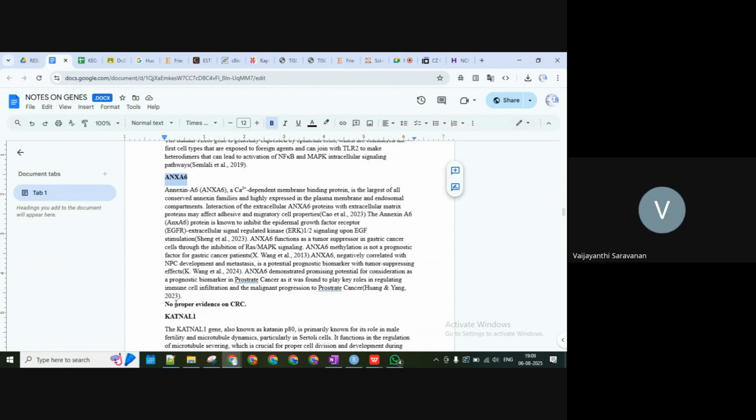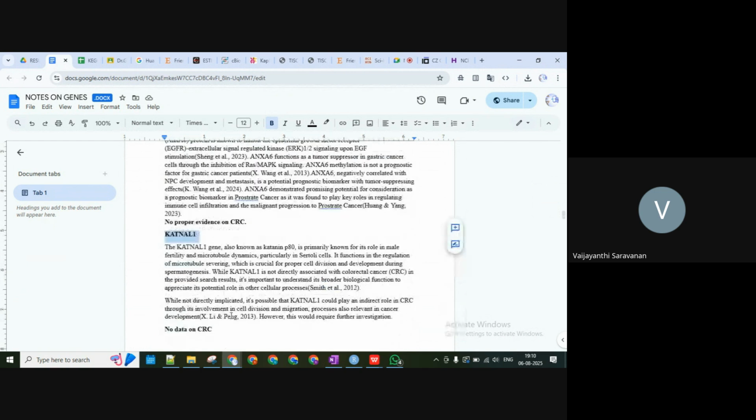For example, KATNAL, they said it is indirectly related to colorectal cancer, but there is no proper data on its biological function. What is the actual role in cell processes?